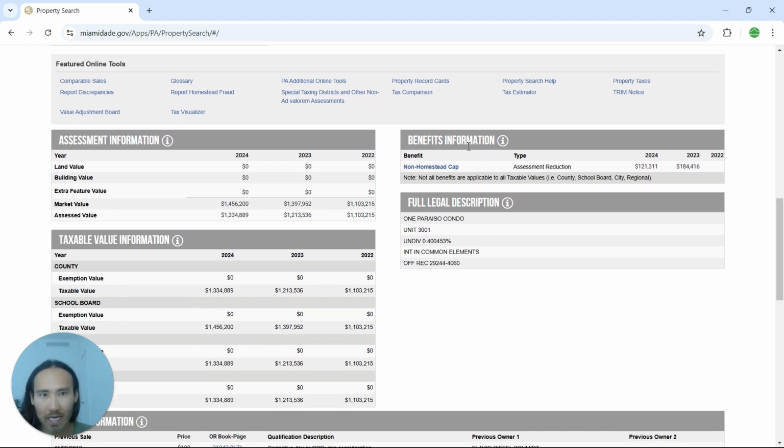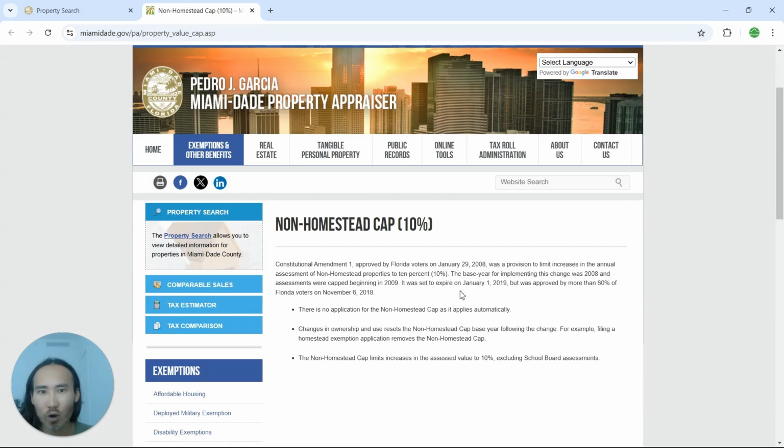In terms of benefits, this one doesn't have the homestead exemption or the Save Our Homes cap, so by default it would automatically have this non-homestead cap, which is basically an almost 10% cap that automatically applies to anyone without the homestead exemption or Save Our Homes cap. It's basically like a 10% cap.